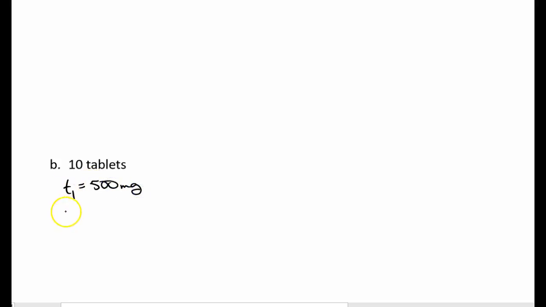I'm trying to figure out 10 tablets, which is technically term 10, so I'm trying to solve for S10. Since I know which term number I'm going up to, I already know my N value is 10 as well. So now I just need to figure out what is my common ratio.